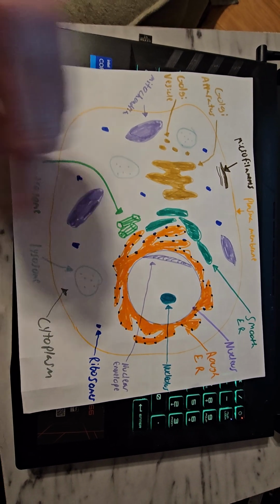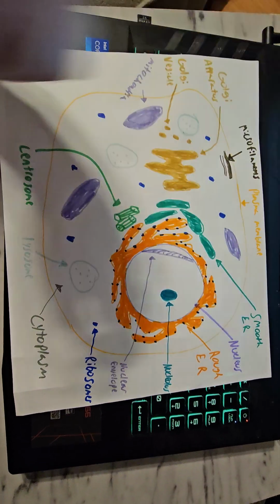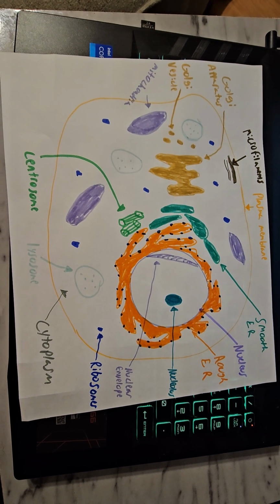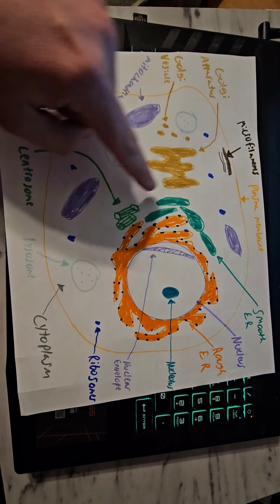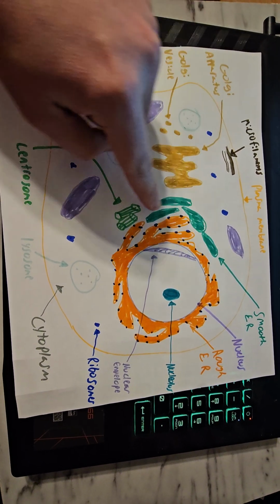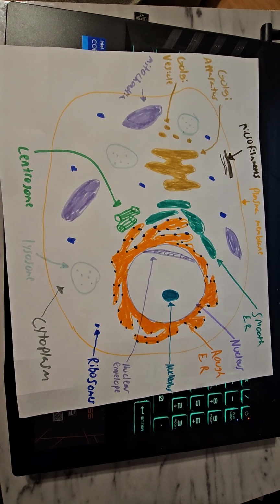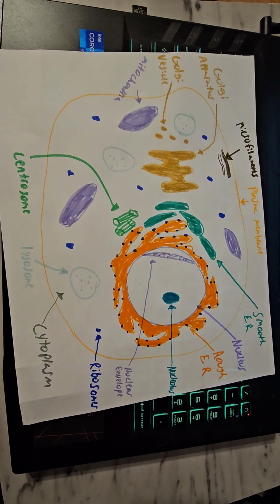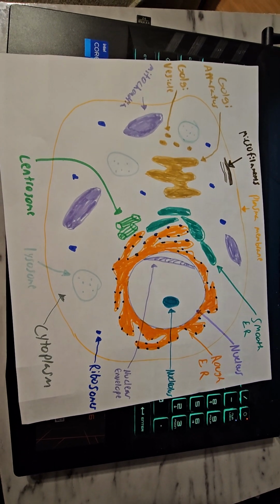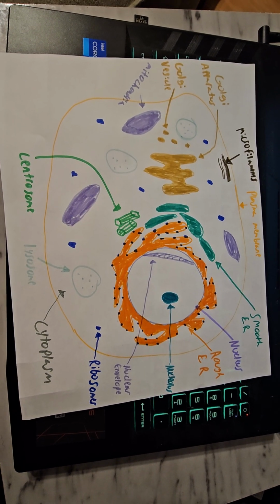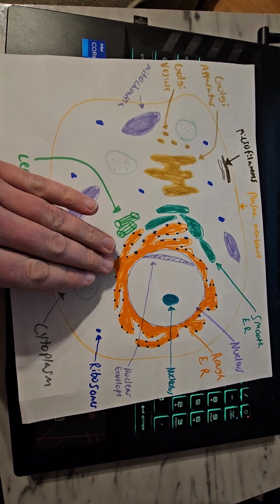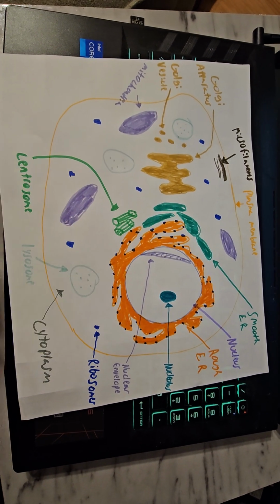And then the next thing I have up here I titled smooth ER, the smooth endoplasmic reticulum. It's this part here going through. It varies from the rough endoplasmic reticulum, which is this orange one, based on function and not having the ribosomes.